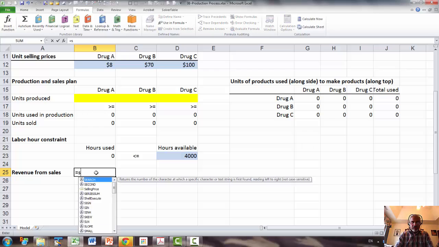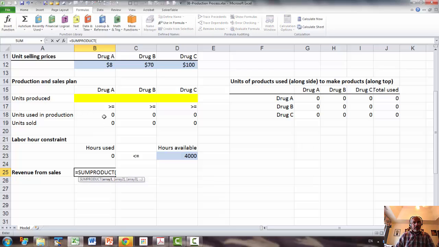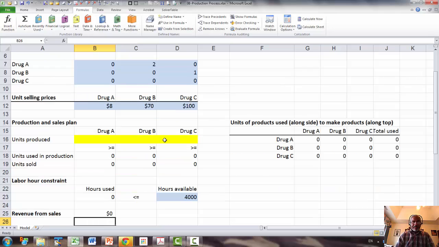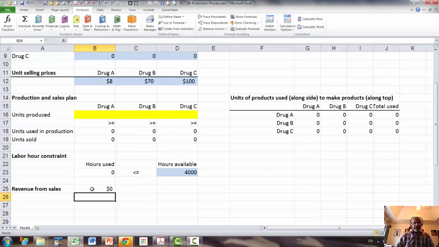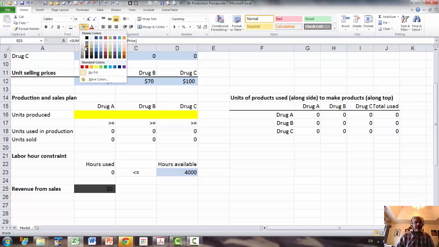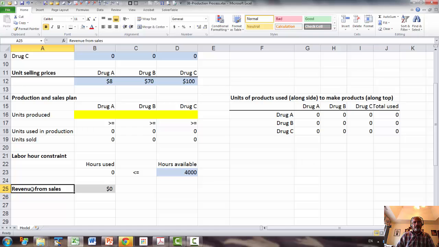And the revenue here is some product of, not production, because that's not what we will be selling. We will be selling units sold with selling price. So that will give us the revenue to be maximized, and that's the objective cell. So now we are ready to run solver.